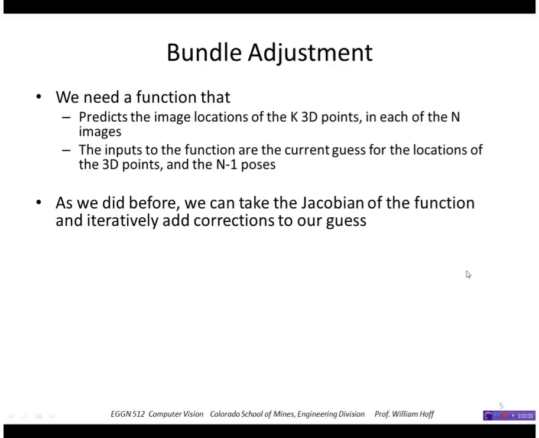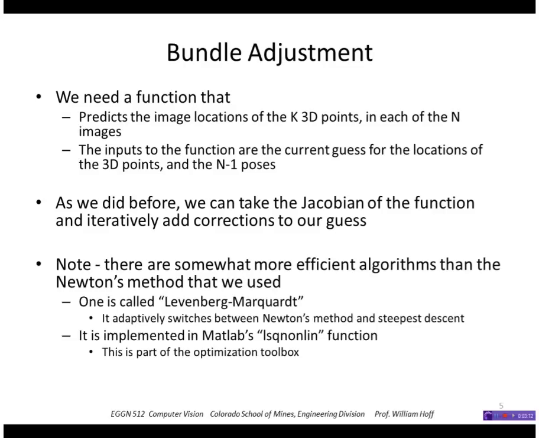As we did before, we can take the Jacobian of this function and calculate a correction that we add to our guess, and do this until the guesses converge. Just as a side note, there are more efficient algorithms than the Newton's method that we use, such as Levenberg-Marquardt, which adaptively switches between Newton's method and steepest descent methods. This is implemented in MATLAB's lsqnonlin, which is part of the Optimization Toolbox.